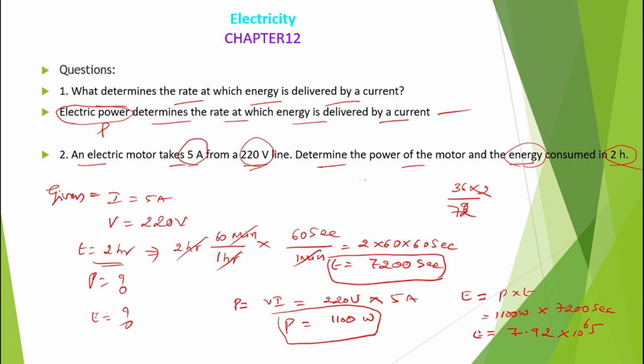So E also we got. So after completing all this, you have to tell the power of the motor is 1100 watt, and the energy consumed in 2 hours is 7.92 into 10 to the power of 6 joule. That you have to mention.